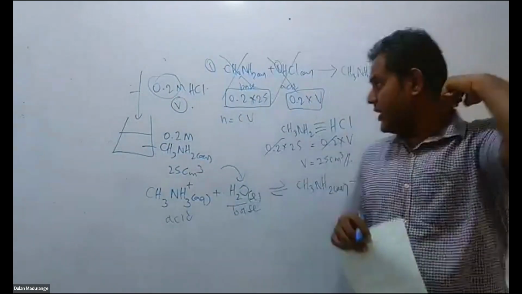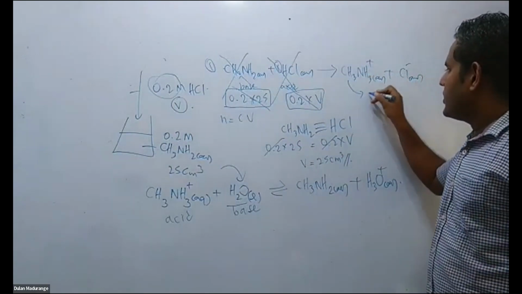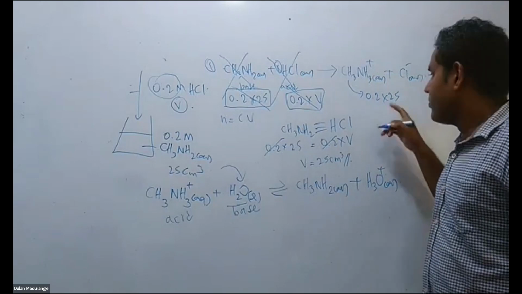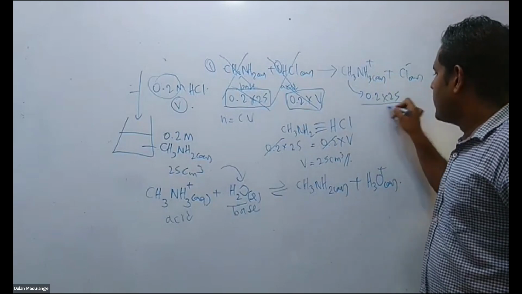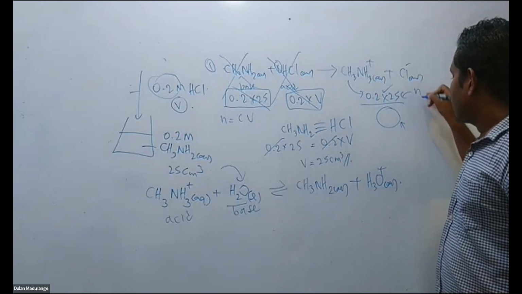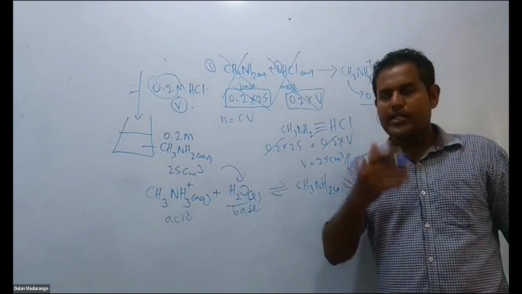හොඳයි. කොහොමද හොයාගන්නේ? When 0.2 into 25 reacts with 0.2 into 25, this will form 0.2 into 25. අපි roughly ලියන්නේ, මේක formally ලියනවා. 0.2 into 25 divide by total volume. The 0.2 into 25 is the number of moles. You should divide by the total volume. So what is the total volume?